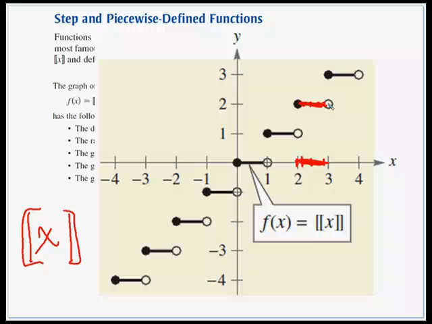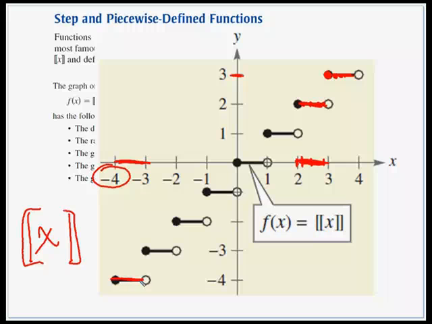Right when we hit 3, we jump up to the next step. 3.0 rounded down is 3. 3.1 rounded down is 3. 3.2 rounded down is 3. Any number between 3 and 4 will be rounded down to the whole number 3. And even on the negative side, let's go between -3 and -4. Any number between -3 and -4 will be rounded down to the negative number -4.